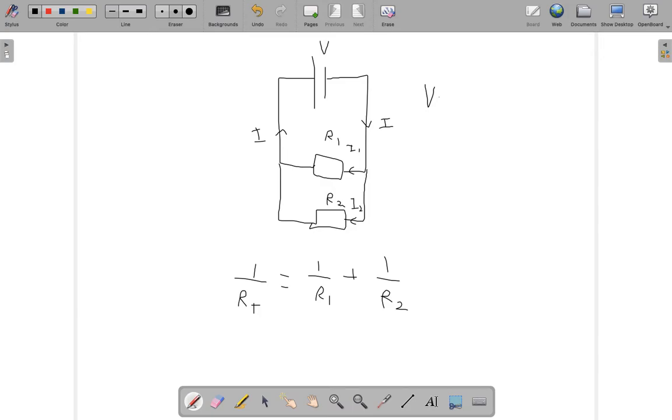V must equal R1 I1 plus R2 I2. And we're assuming that there's no resistance in the wires, or the resistance in the wire is negligible.